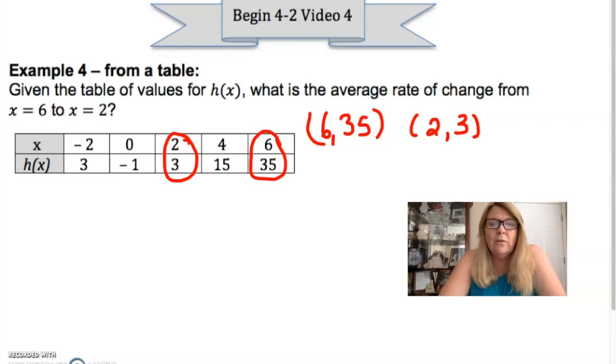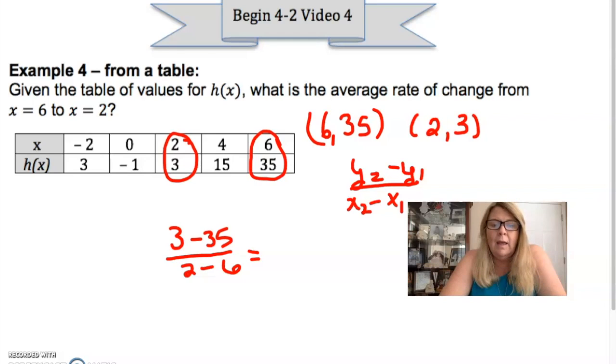Now we're going to find the rate of change. So we look at our slope formula, or our rate of change, which is y2 minus y1 over x2 minus x1. So we have 3 minus 35 over 2 minus 6, and when we calculate that, we get negative 32 over negative 4, which is equal to a positive 8.